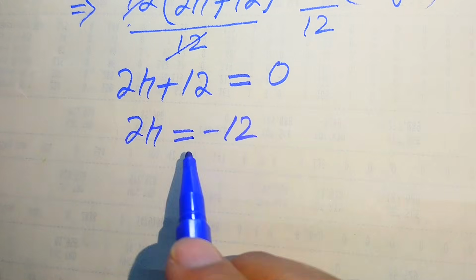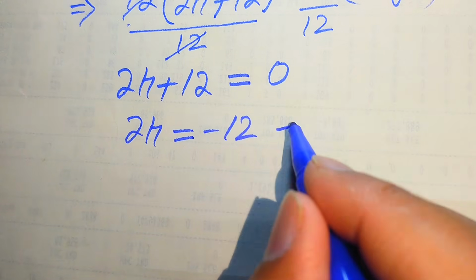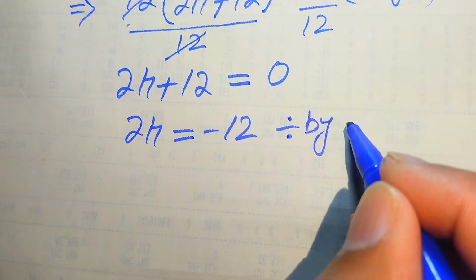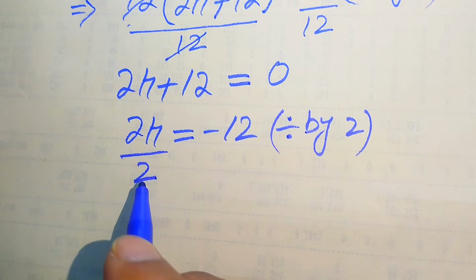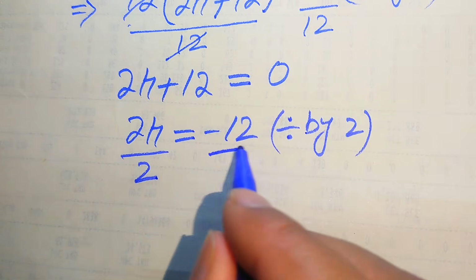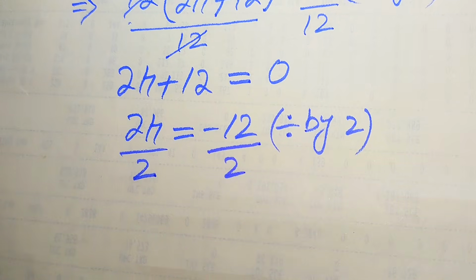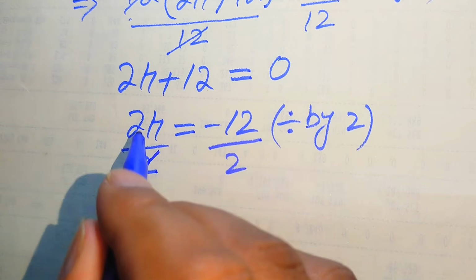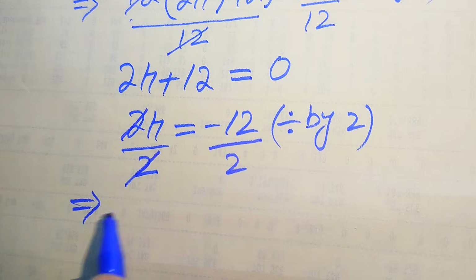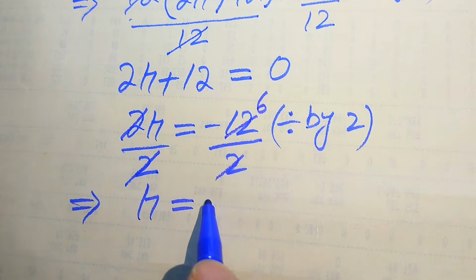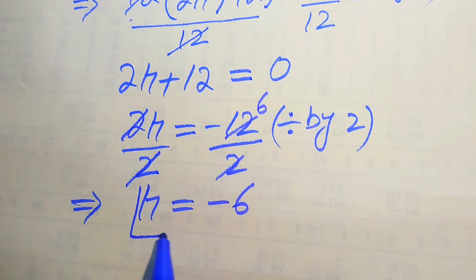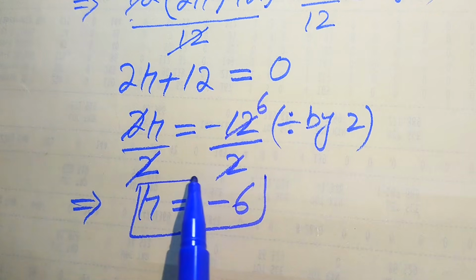Then we divide both sides by 2: 2h divided by 2 is equal to minus 12 divided by 2. This 2 and this 2 are gone, and we obtain h is equal to minus 6.